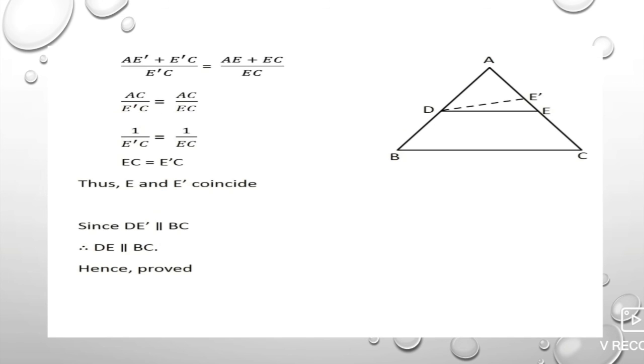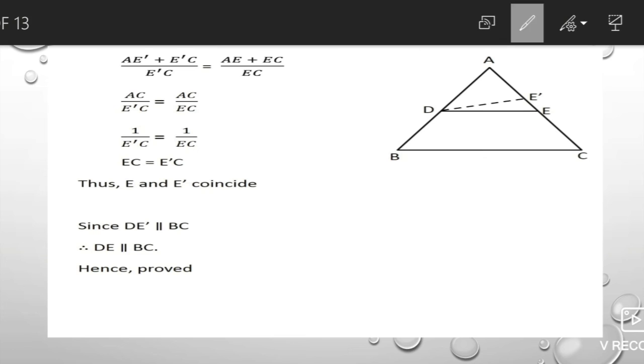So that means AC by E dash C is equal to AC by EC. As you can see, the numerator on both sides is AC, so you can cancel these two. That is 1 by E dash C is equal to 1 by EC. Or if you take the reciprocal, you will get EC equals E dash C.